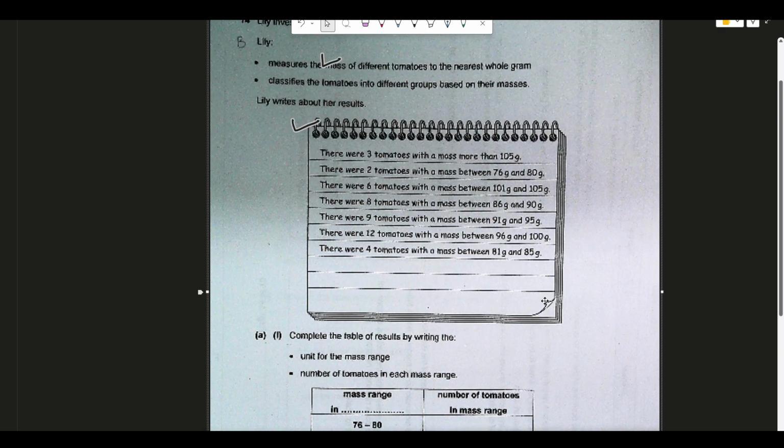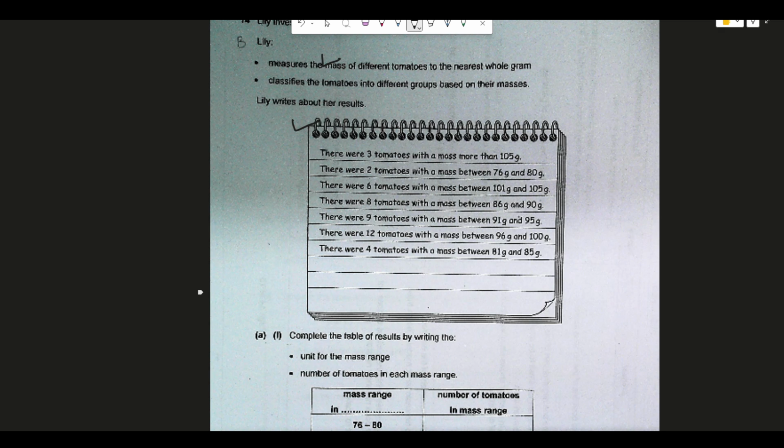Okay, I think that should be enough. So basically, she has classified all the tomatoes mass wise. There are 6 tomatoes with a mass of 101 gram to 105 gram. Then there are 8 tomatoes between 86 gram and 90 gram.